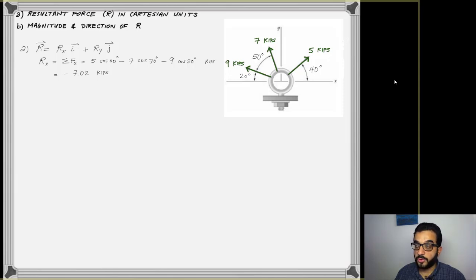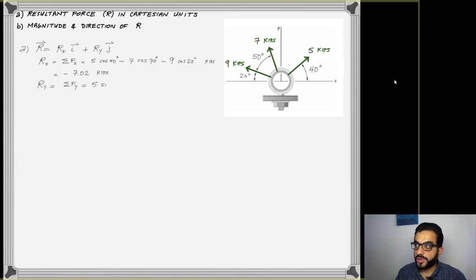In our case here, all the angles are measured from the x-axis, so it's all cosine components. And you have to pay attention to the direction. Look at the figure and visualize the direction of each one of these forces to decide if you're plugging it into the formula as positive or negative. So we end up with the net here to be negative 7.02 kips.